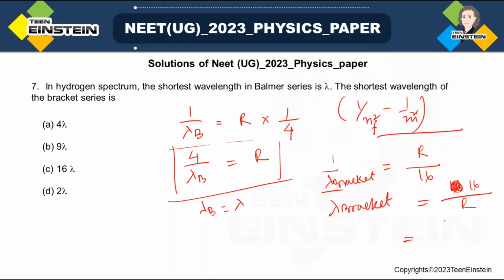So putting the value of r, 16 by r by lambda, lambda goes to here, it will be 4 lambda.